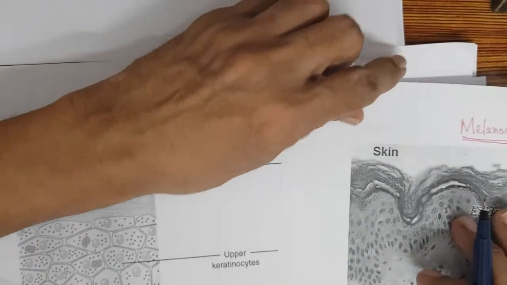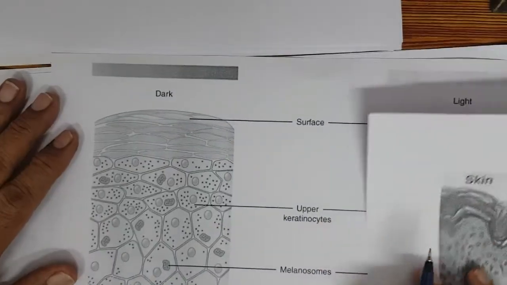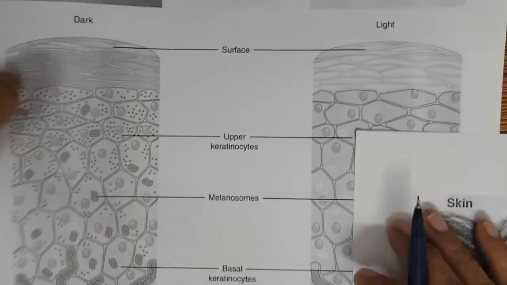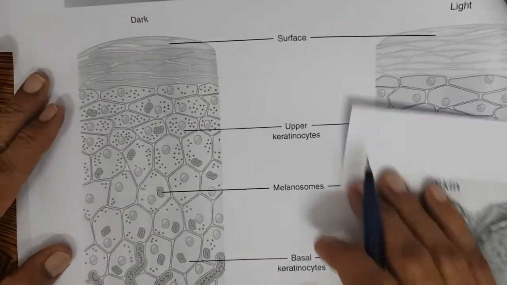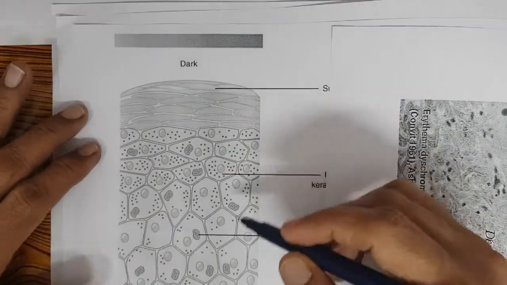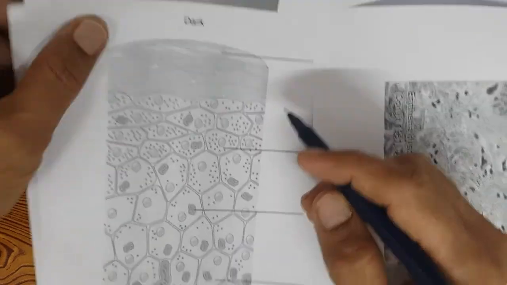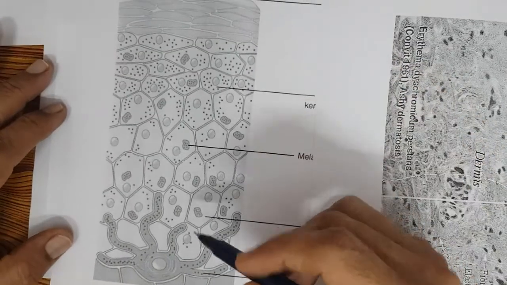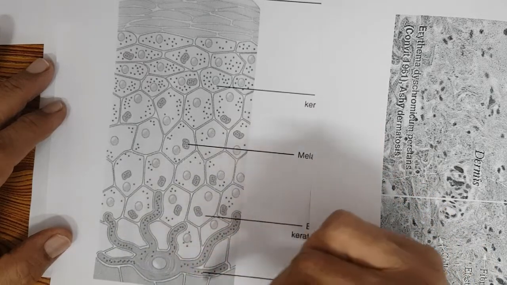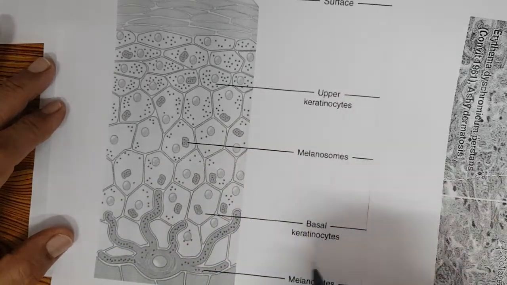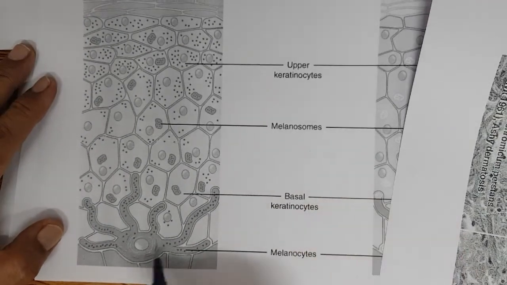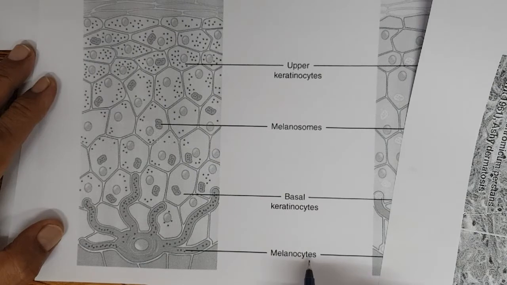This is the picture you can see. This is the melanocyte.